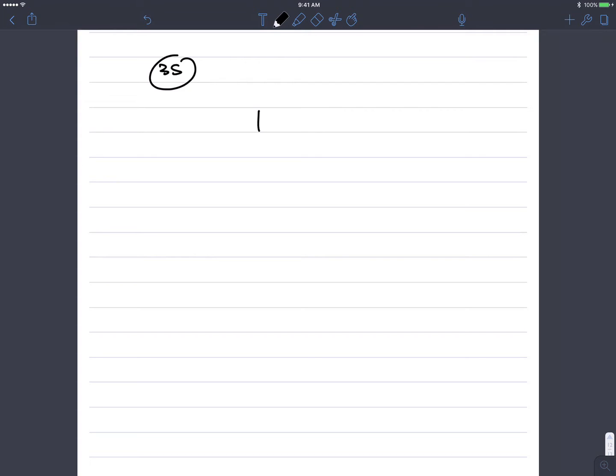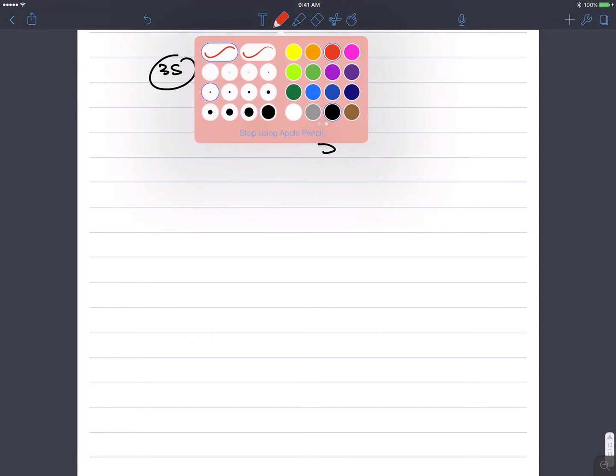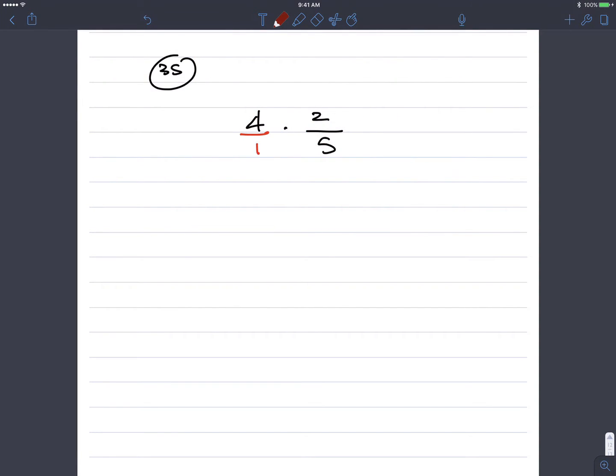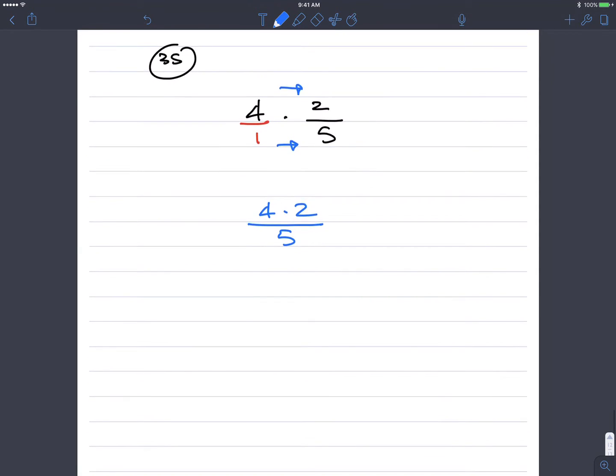A whole number 4 times 2/5. And it's the same process. You could put this as 4 over 1, and remember that when you multiply fractions, you multiply horizontally across. 4 times 2 over 1 times 5, which is 5. We break these numbers down. The only number that breaks down is the 4, because 2 is already prime and 5 is prime.